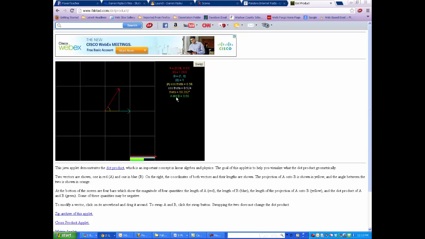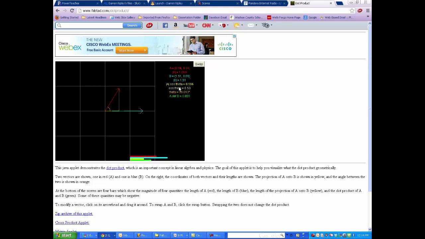A dot B is this horizontal part, which is 0.56, times B, which is 1. So it should be 0.56. Now, watch what happens if I stretch this out a little bit, let's go 1.51. Notice B's magnitude is 1.51.